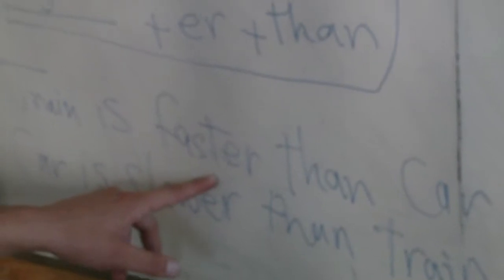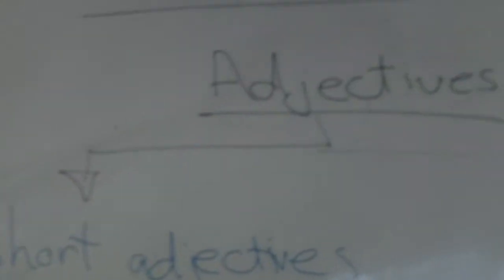But when I start with the train, I will use this adjective, faster. Exactly. This is the grammar when I make a comparison between two somethings. Okay?